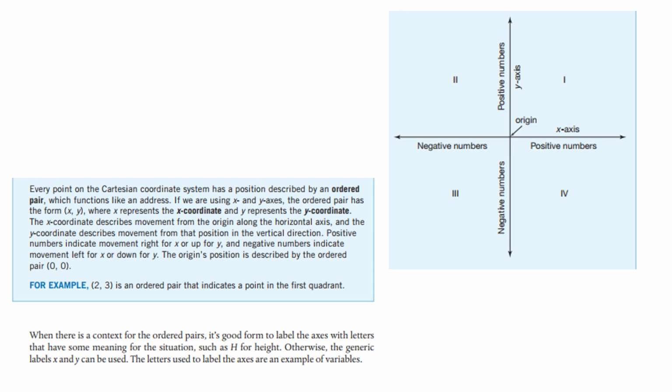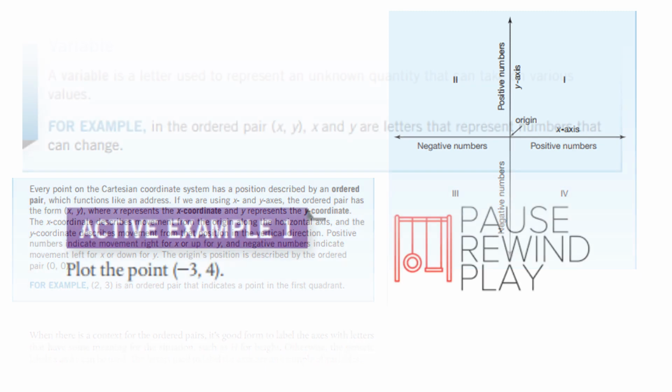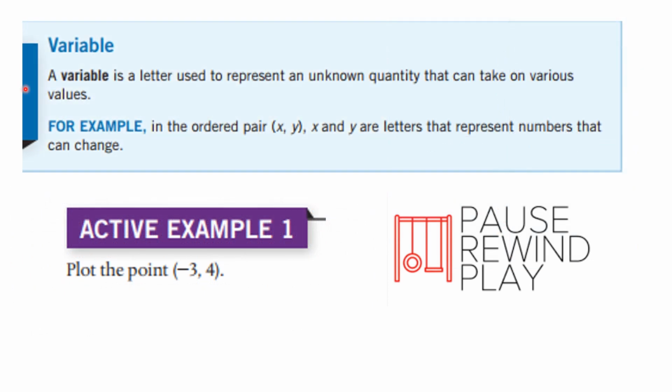The X and Y that are used to label the axes are examples of things called variables. A variable is a letter used to represent an unknown quantity that can take on various values. For example, in the ordered pair (x, y), x and y are letters that represent numbers that can change.